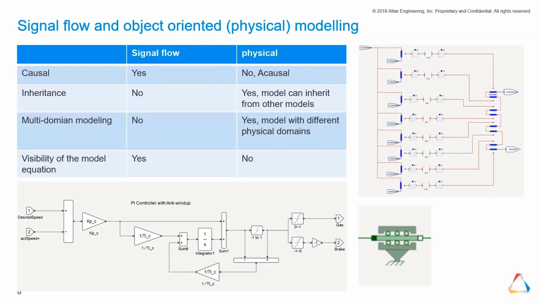Multi-domain modeling is something that signal flow cannot do, but physical modeling can. And there's one good point of signal flow modeling: you can see the equation of your model, which is very important for control engineers who want to set up controllers and want to know how their system behaves.